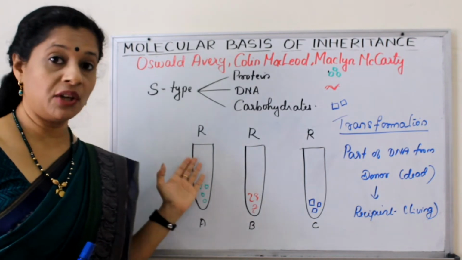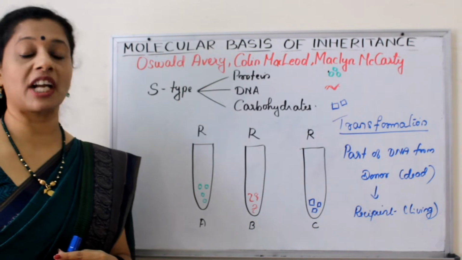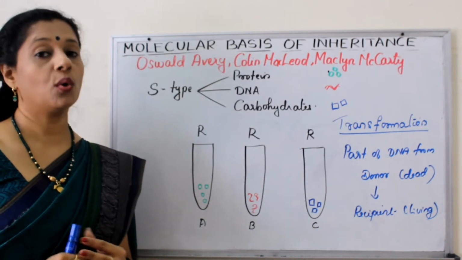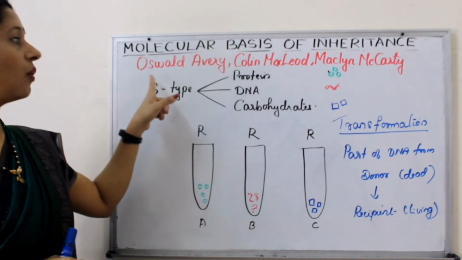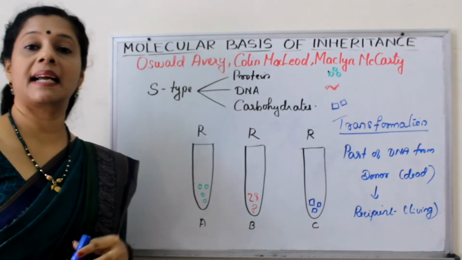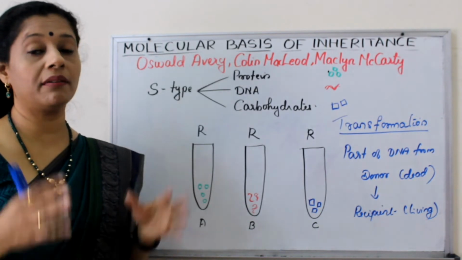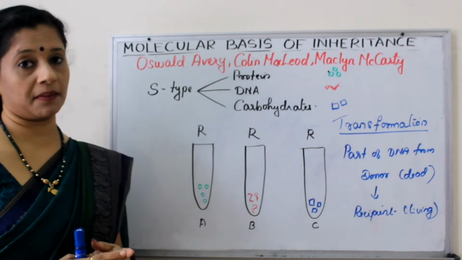They actually continued the work of Griffith to prove the biochemical nature of the transforming principle. Who were those three scientists? Oswald Avery, Colin MacLeod and Maclyn McCarty. So these three scientists actually continued from where Griffith stopped.